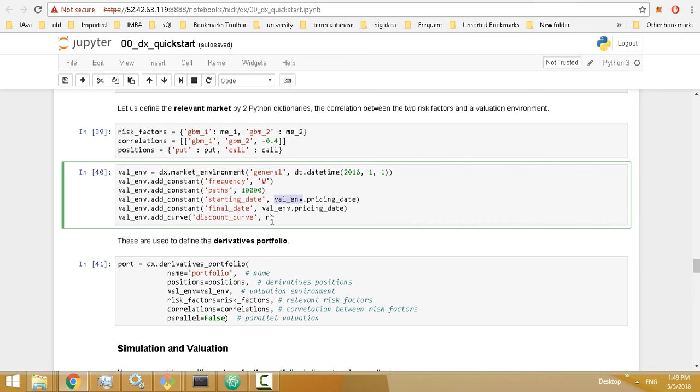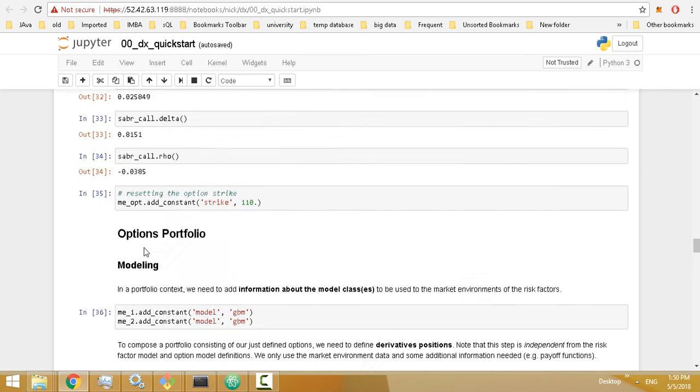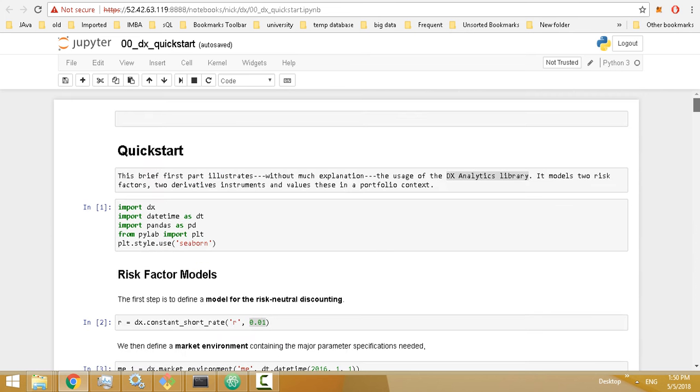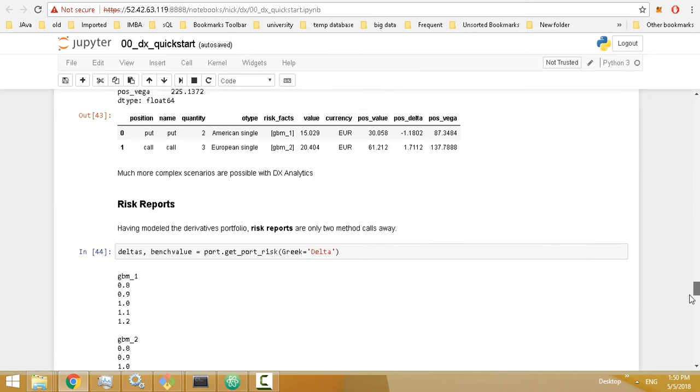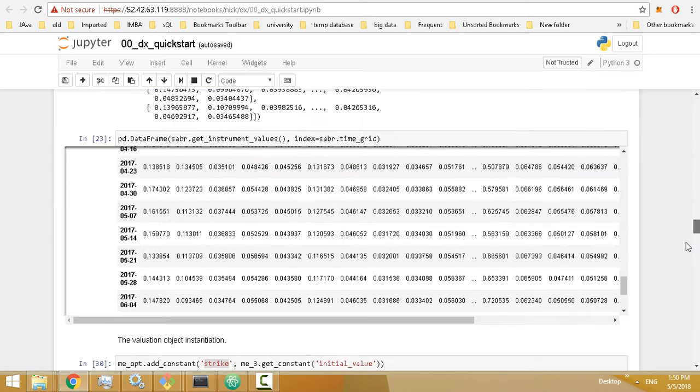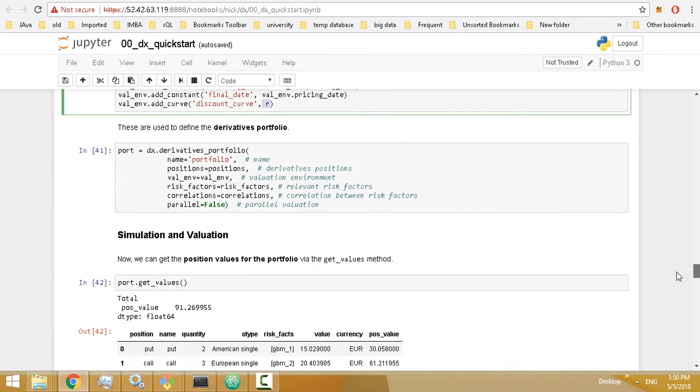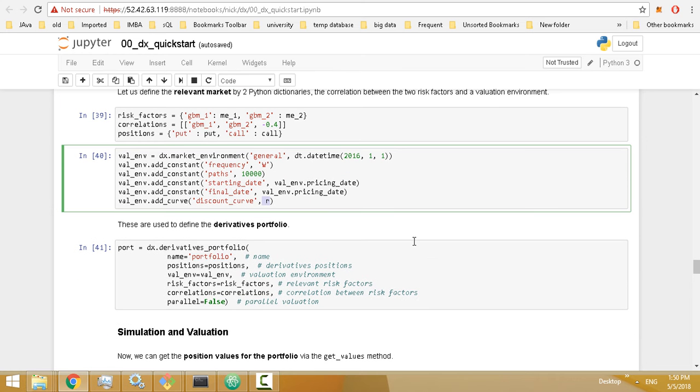And the discount we are getting from R. If you remember, we defined this R short as the short rate, 0.01% for our model. So this is a valuation environment, and we started this environment with a general string passed on as the first argument.